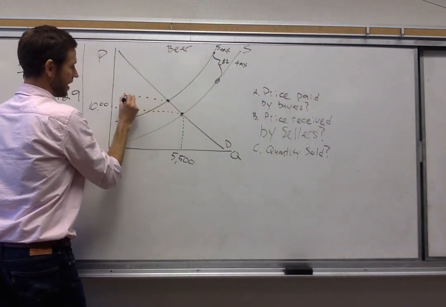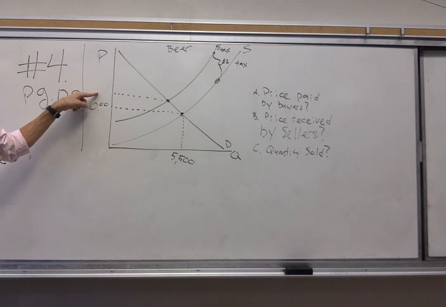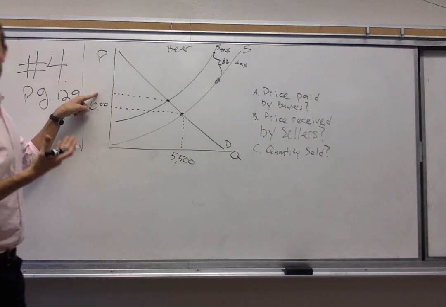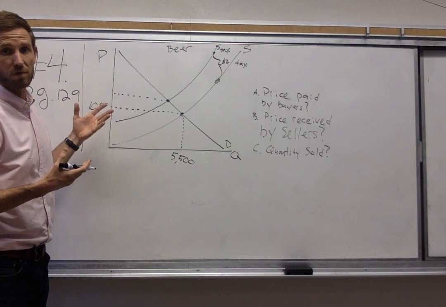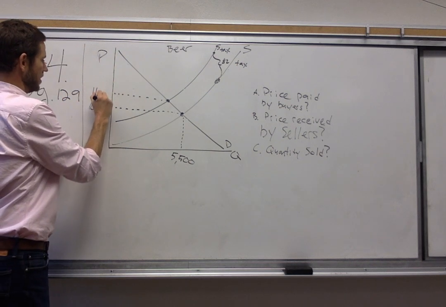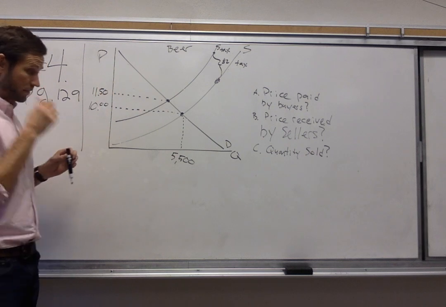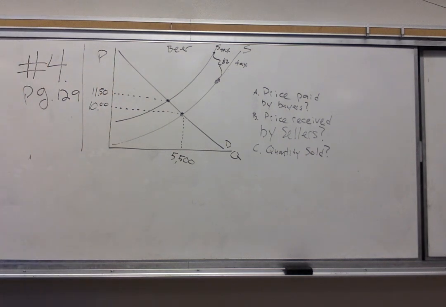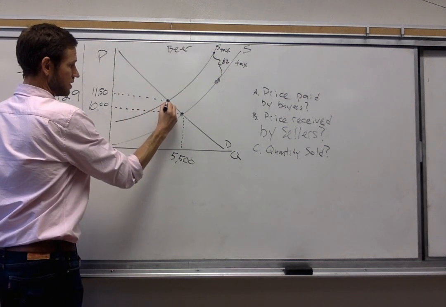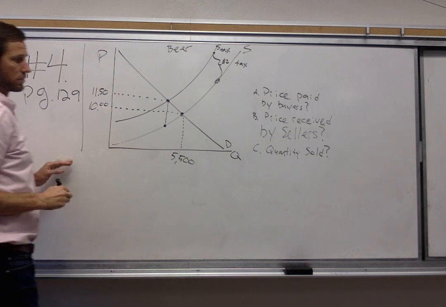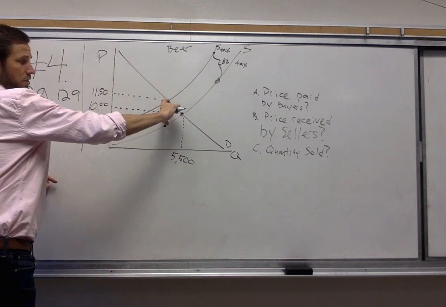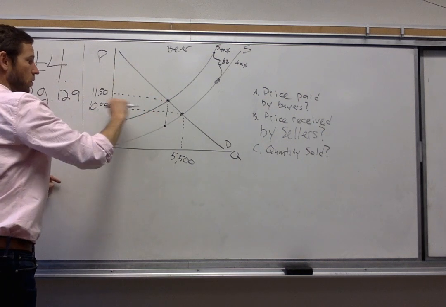So the new price that buyers are going to pay is going to be some number that corresponds right there. We don't know precisely what it is for this problem, but it's going to be some amount less than $12. I'll call it $11.50. If that's the case, it means that the spot directly below this on our initial supply curve should likewise be $2 lower than that price.